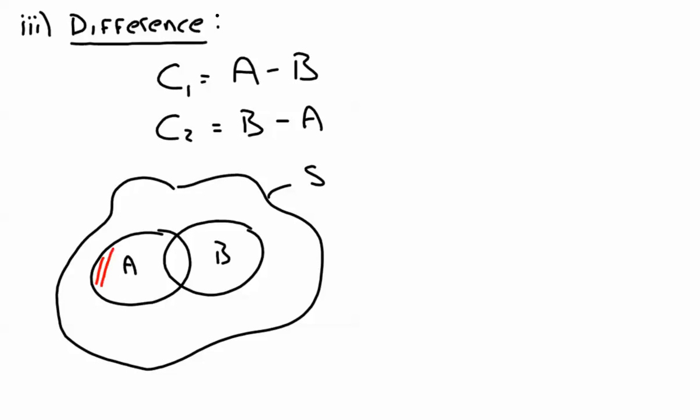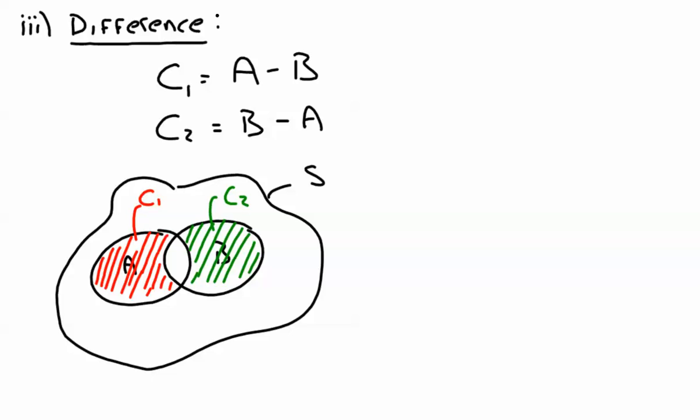So that would mean this red hatched area here. This would be event, or set rather, C1. Likewise, C2 is that collection of elements that are in set B but not in set A. That's going to be this area over here, C2.